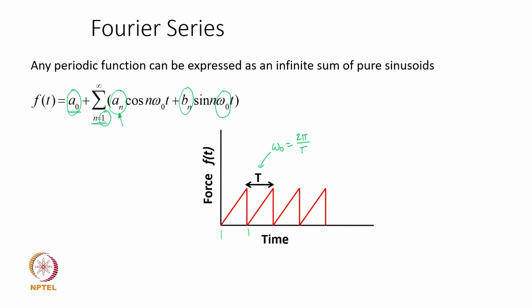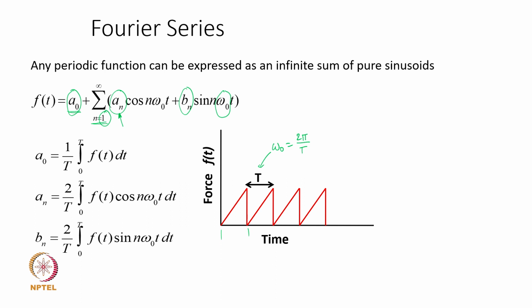What is a naught, a n and b n? So, these are the coefficients which depend on the function itself. Okay. This you might have learnt in your earlier courses. So, the coefficients a naught, a n and b n are obtained by using these integrals. I need not go into the details of how they have been obtained, but you must be familiar with this from your mathematics course.